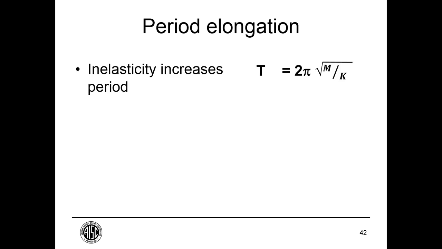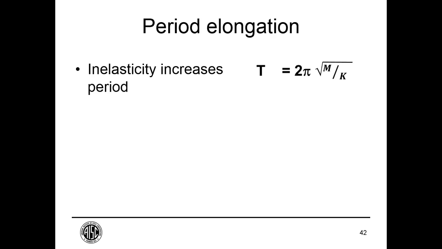As we allow the structure to go beyond its elastic limit, you can imagine that effectively our stiffness is reduced. So if we yield the structure, we are perhaps not increasing the resistance proportionally with the drift, and so effectively our stiffness is smaller.